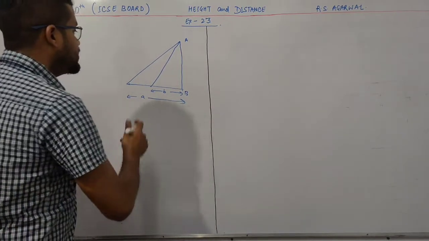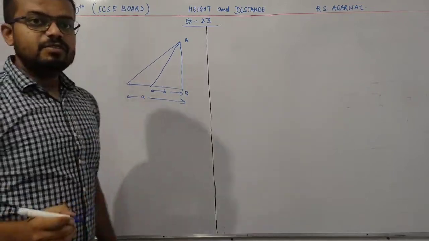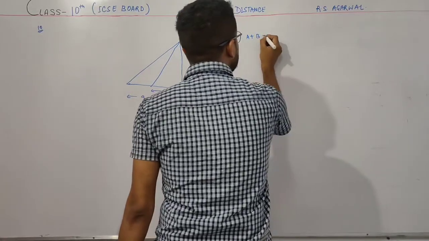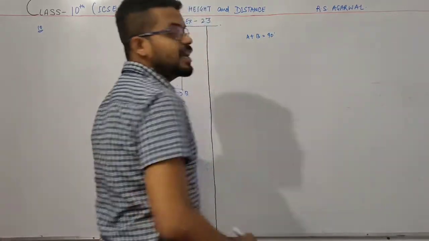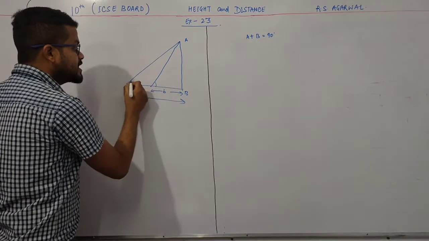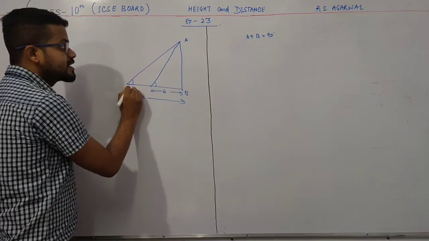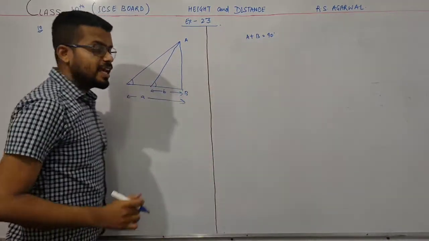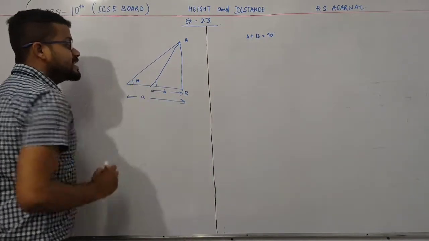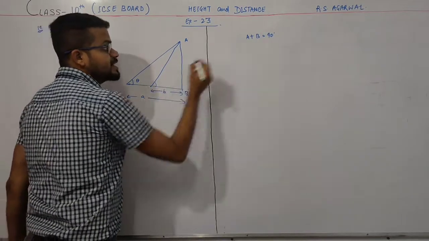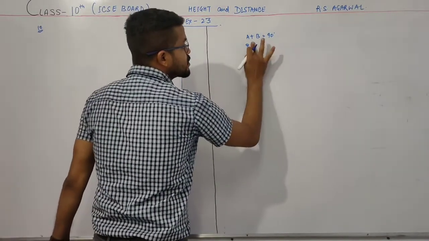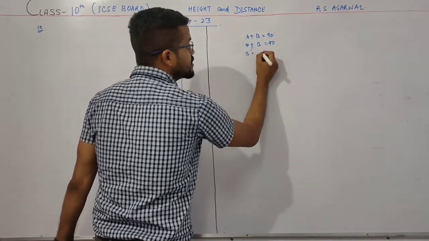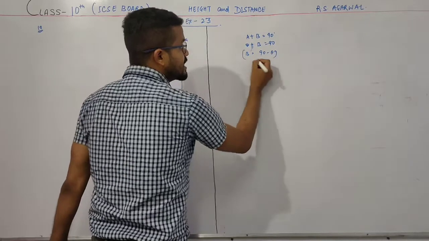What is the meaning of complementary? Complementary means the total sum of the angles is 90 degree. So here one angle is this, another is this, so the sum of these two angles is 90 degree. If I take this angle as theta, then theta plus b is equal to 90 degrees. So b is equal to how much? 90 minus theta.